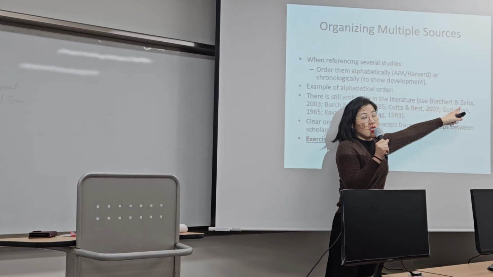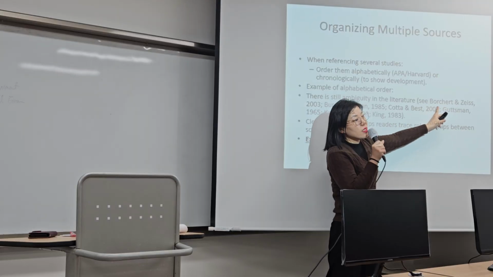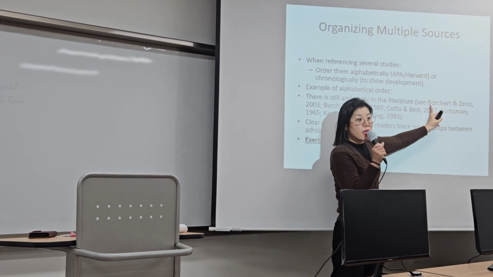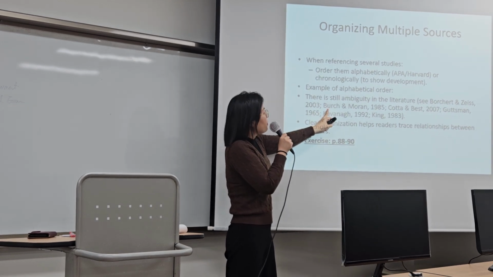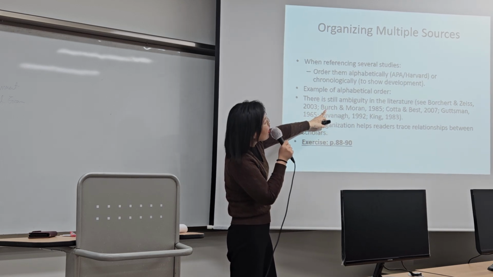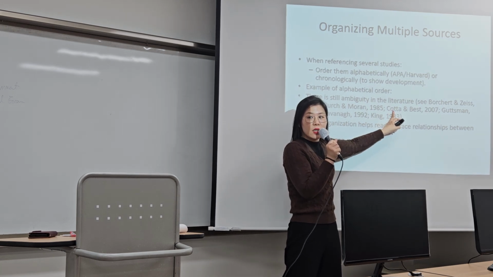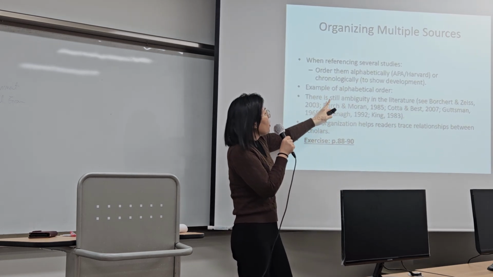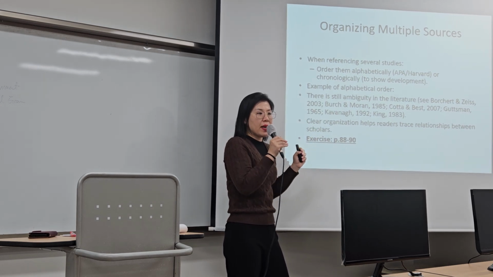These are the surnames of the authors, right? So this is the first author. His name is Borchert, so it starts with B, right? So this one is first, and Birch and Moran comes next, since I is earlier than O. Then Kana, K, right? So this is the third one, and Gutzman, G. So this is the way that you arrange them alphabetically.